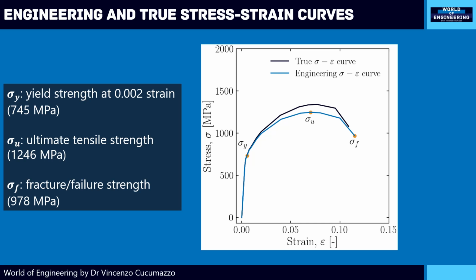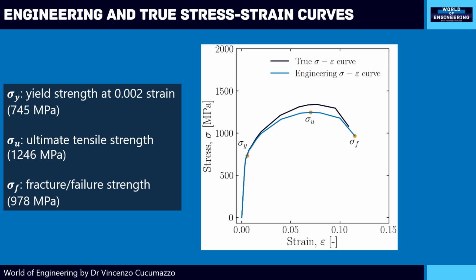Now, during the test, the material goes through various stages. So let's say we start stretching the material, and in the first stage, it deforms elastically up to a point identified as the yield point. The position of this point is difficult to measure precisely.